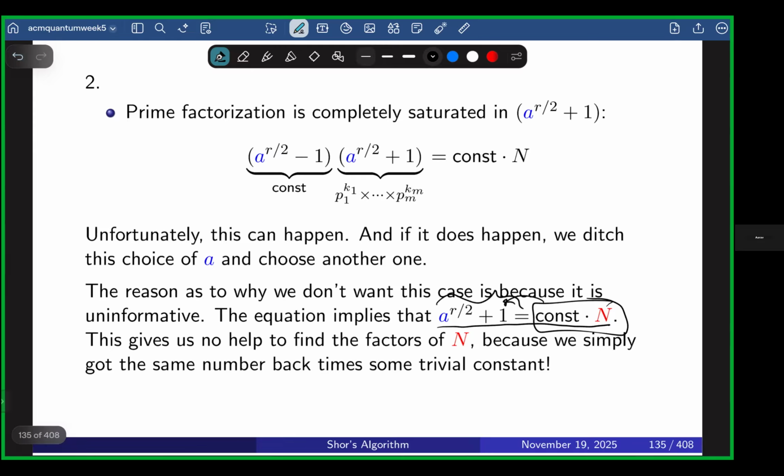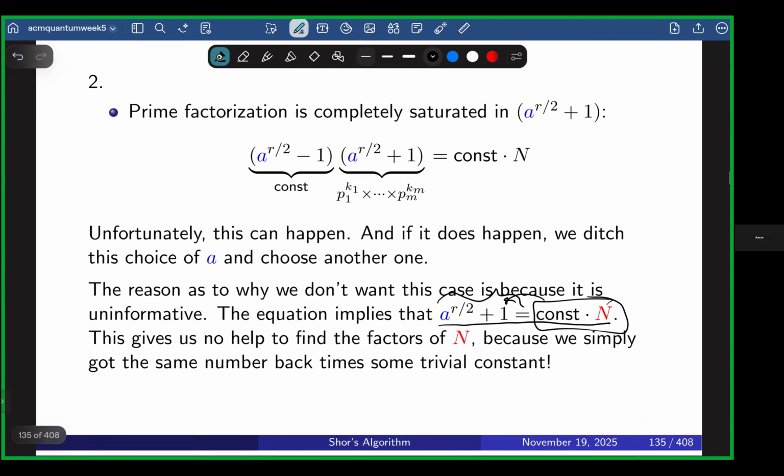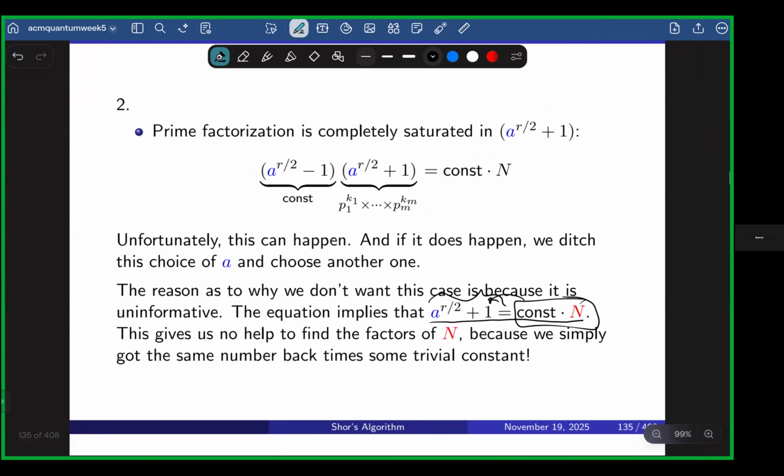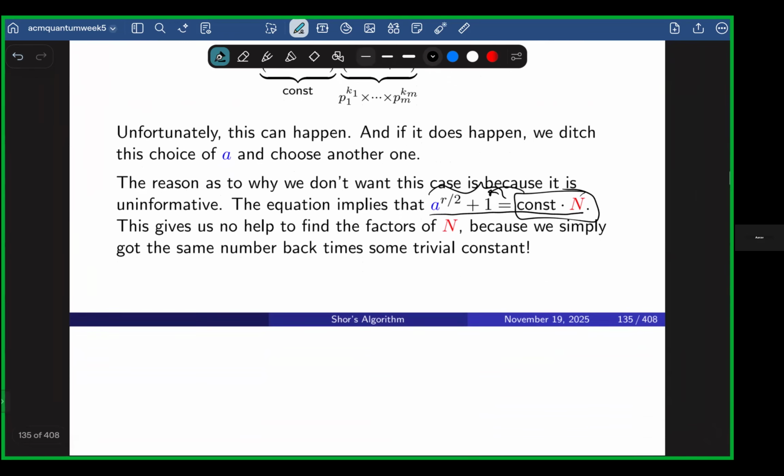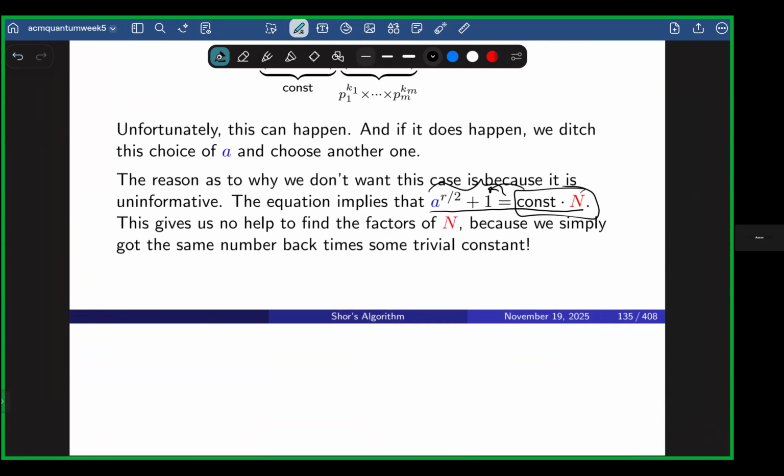It's like we've multiplied the original number we were trying to factor by some constant, so there's no point. Is that a little clear? Sorry if I'm going fast, but feel free to stop me.